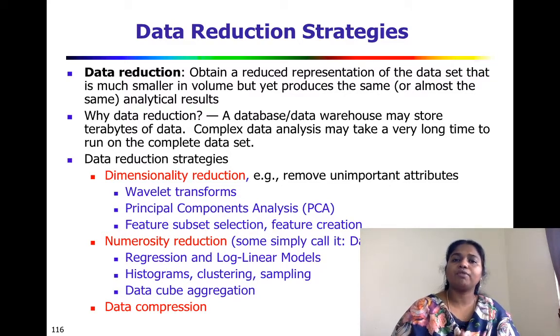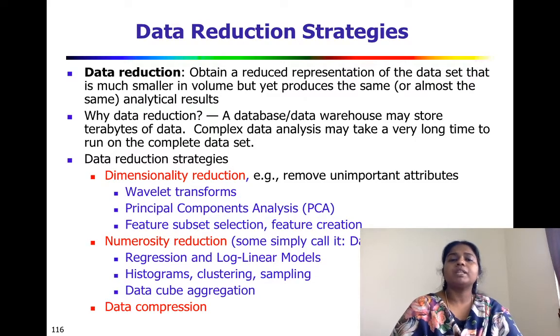So if you have 50 attributes and find that 10 of them are correlated with one of the other 40 attributes, those 10 attributes can be completely removed, and the remaining 40 can be used for the data mining process. This identification of the attributes that are important and uncorrelated is called feature subset selection.